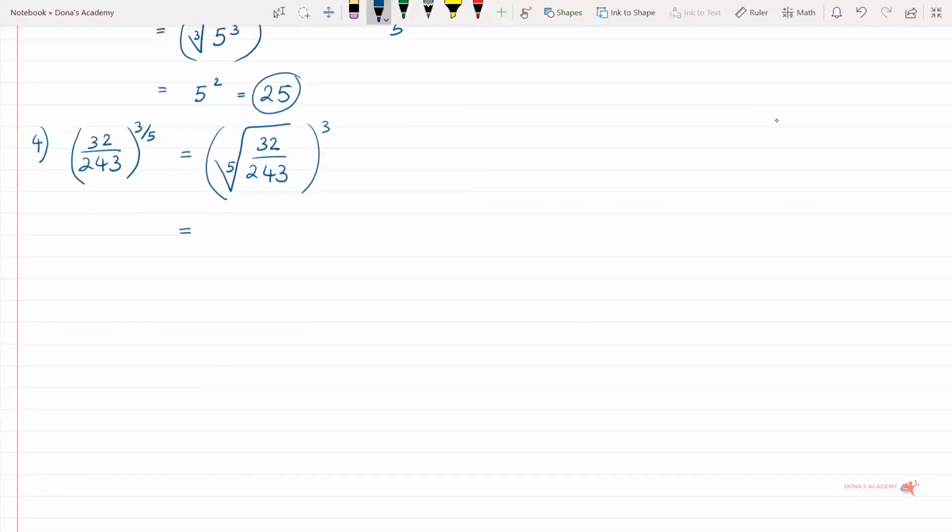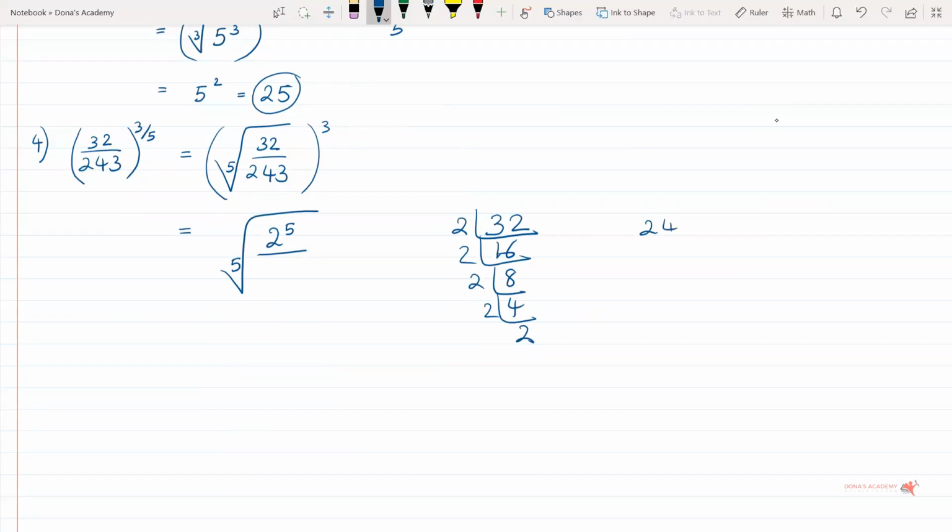Now let's think about the prime factors of 32. 2, 16, 2, 8, 4, 2 to the power 5, divided by 243. Now what is 243? Let's divide it by 3, then 81, 27. It's again 3 to the power 5, all to the power 3.